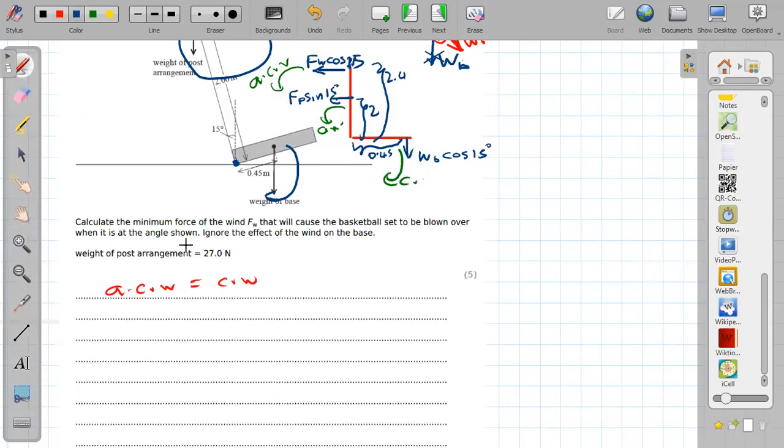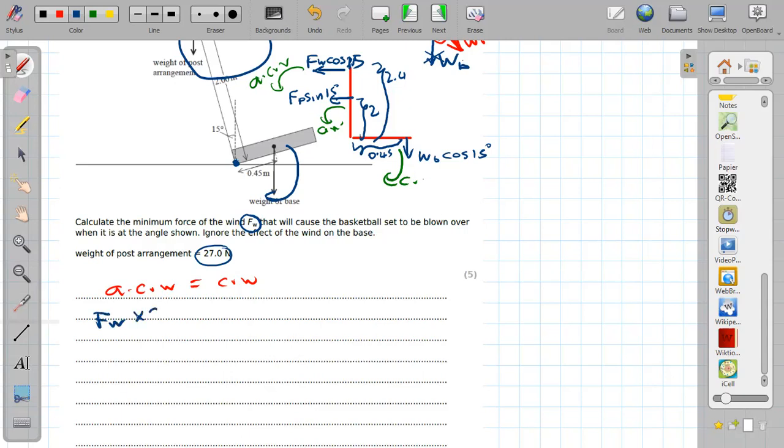Okay, what are the anti-clockwise ones? FW, the minimum force of FW. Post weight is also given.